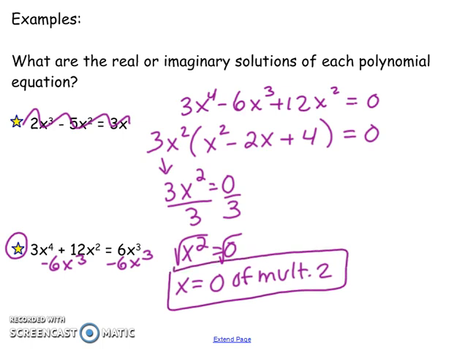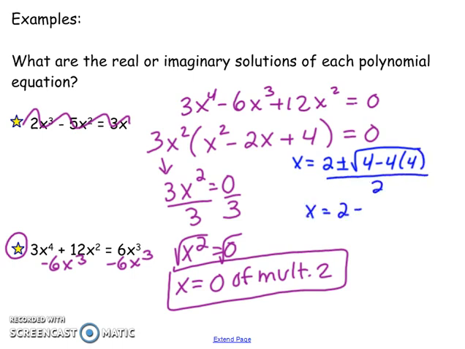The other piece, x squared minus 2x plus 4, we can't factor that. Nothing multiplies to 4 and adds to negative 2, so we're going to have to use the quadratic formula. So we're going to do negative b, which is 2, plus or minus the square root of b squared. So negative 2 squared is 4. Minus 4 times a times c, which is 1 times 4, all over 2. So 2 plus or minus the square root of 4 minus 16, so I get negative 12 over 2.